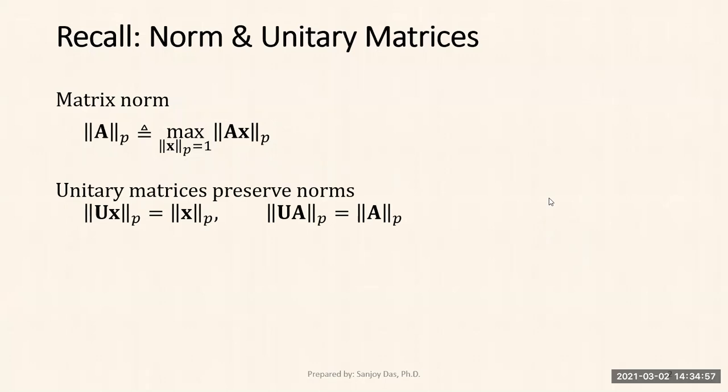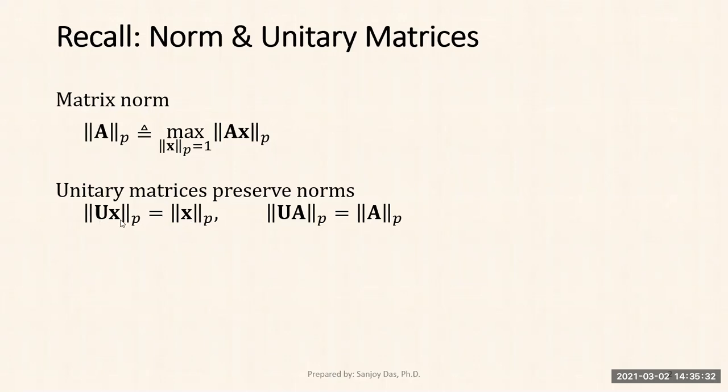Another fact that you should remember, and we did this with proof: if U is a unitary matrix, unitary matrices preserve norms. So U is a unitary matrix here, and X is a vector. The LP norm of the product UX is equal to the LP norm of X. This is for a vector, so the unitary matrix is preserving the norm.